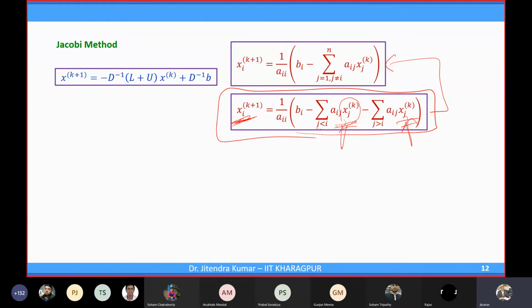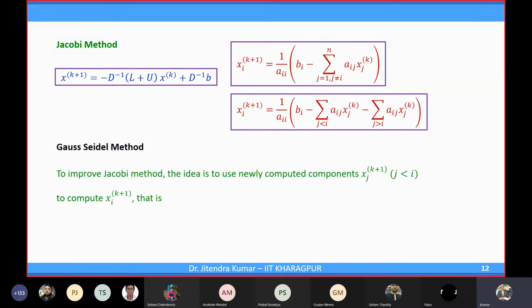This j goes from 1 to i minus 1, and here it goes from i plus 1 to n, whatever components we have. So this is the Gauss-Seidel method.